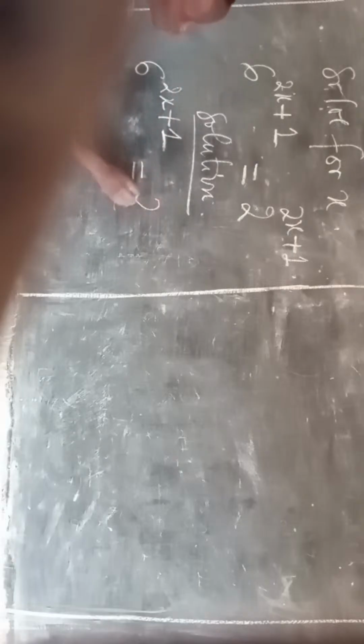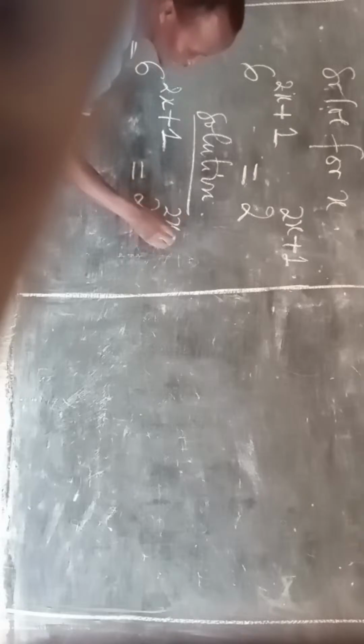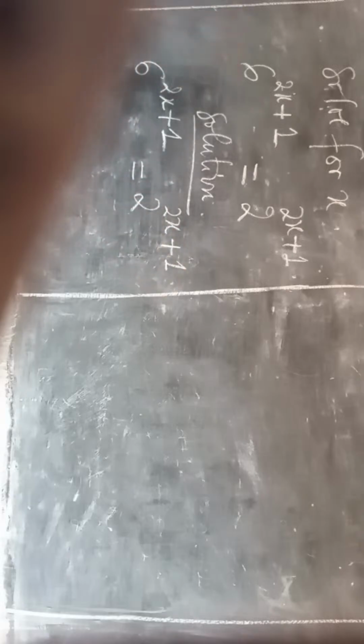We are given 6 power 2x plus 1 equals 2 power 2x plus 1. As I told you at the beginning, we need to convert 6 to be similar to this number 2.